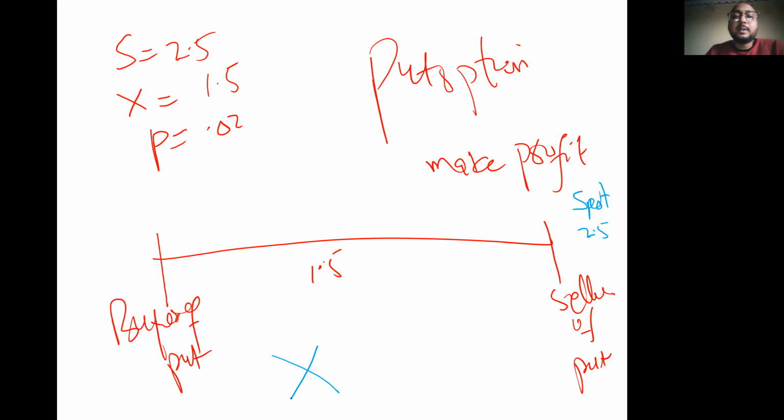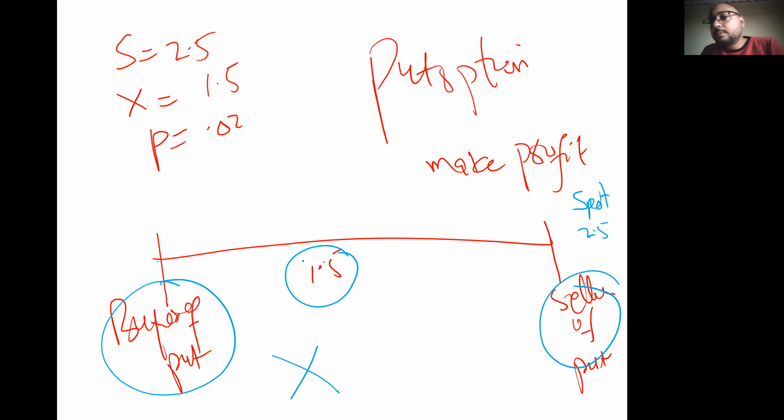Never, because the seller would say you will sell to me at 1.5, so he can sell to the spot market at 2.5. He will never exercise this put option. He will sell at 2.5. So the only profit is to the seller of the put.